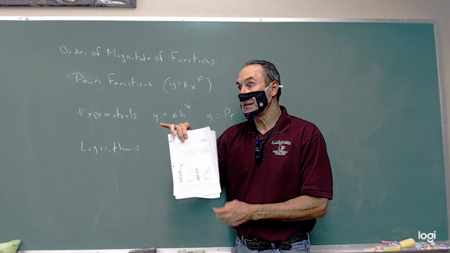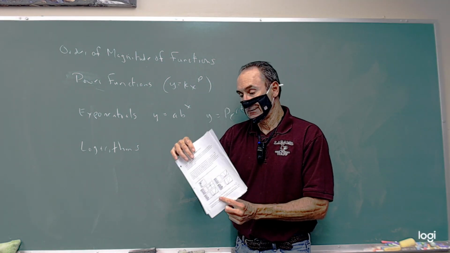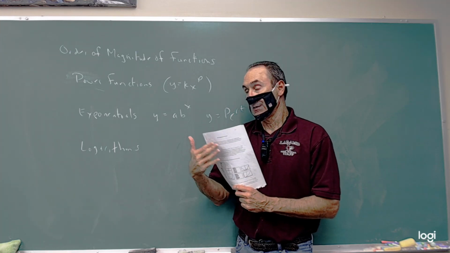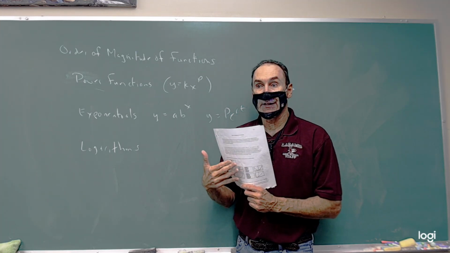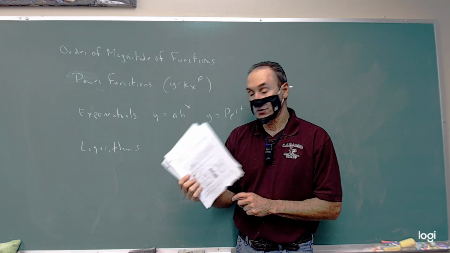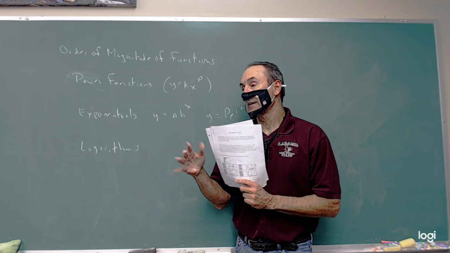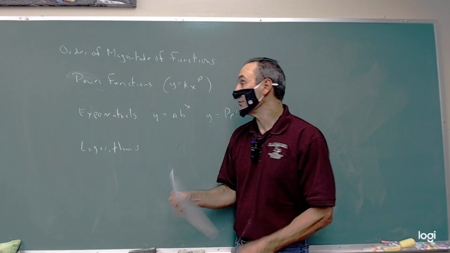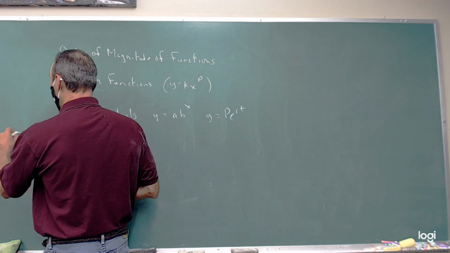On the front page of this, if you read through it, what it's saying is that this can be important. In past AP exams, there have been questions that involved some kind of comparison. The one in particular here is y equals 2 to the x and y equals x squared.